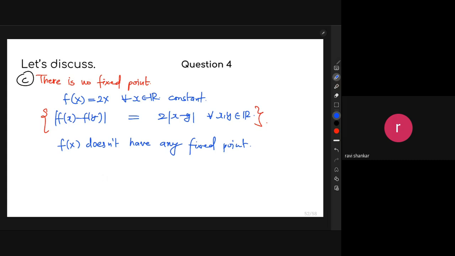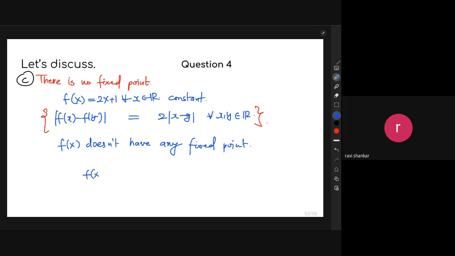Oh, it has 0 as a solution. So let us take plus 1 then. Oh, that will also have a solution. Okay.